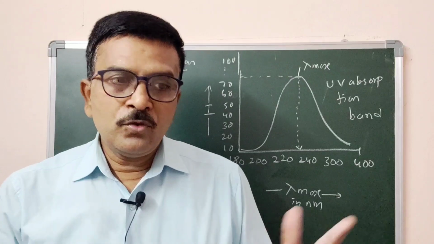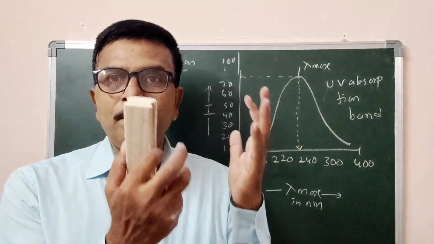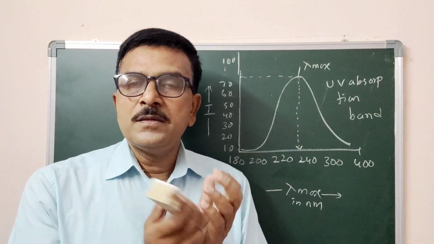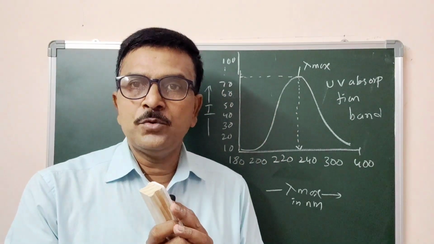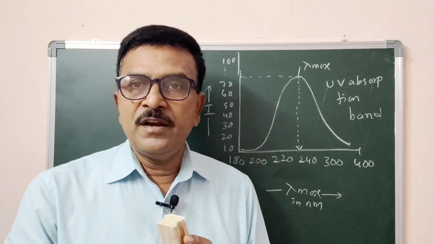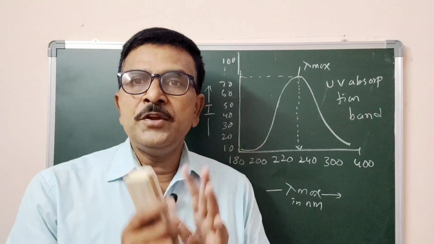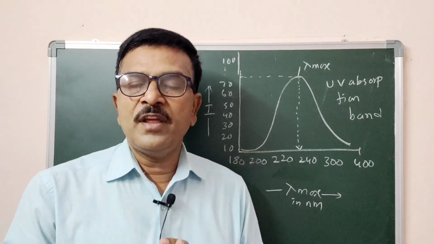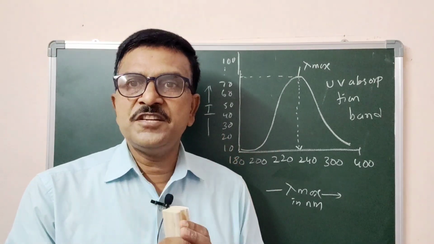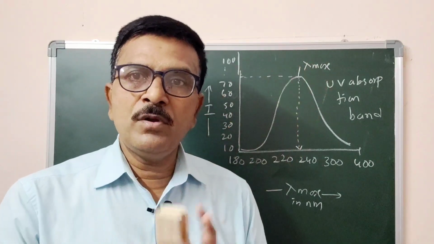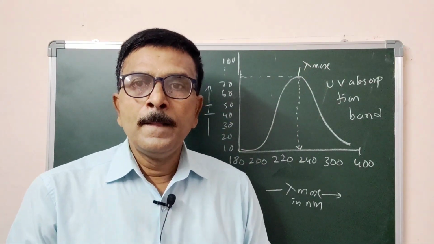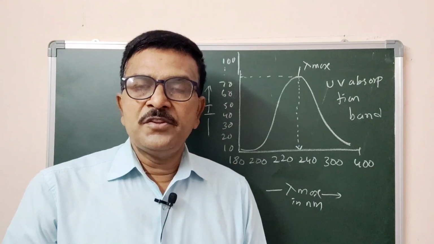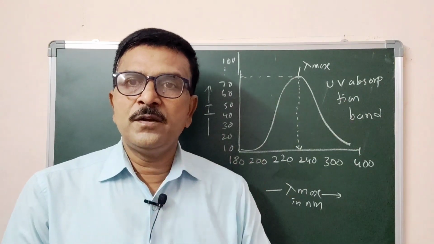We have taken one sample and supplied ultraviolet radiation to it, where it absorbed energy, and it induces its electrons to undergo transition from BMO to ABMO, that is the work done inside. For that it absorbed energy, and the rest is transmitted to us.